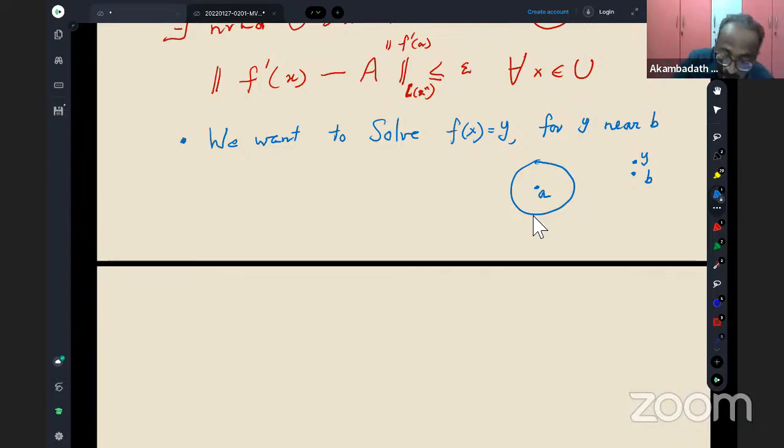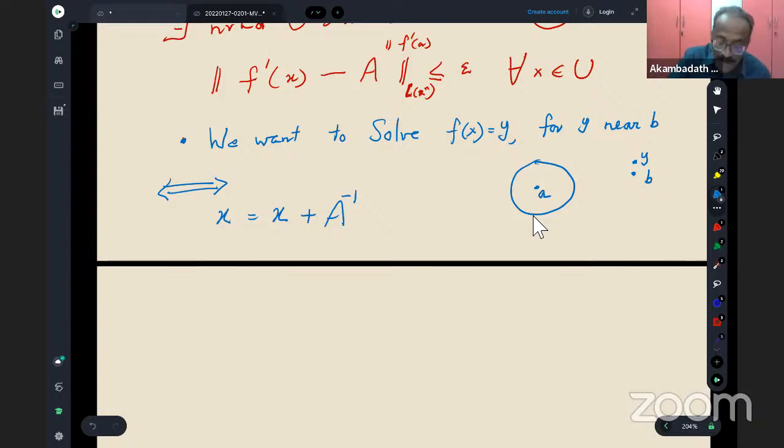For example, this is equivalent to writing the equation x equal to x plus A inverse of y minus f of x, in a slightly clever way. That's the whole analysis here. This is your star, this is your double star. Solving star is equivalent to solving double star.